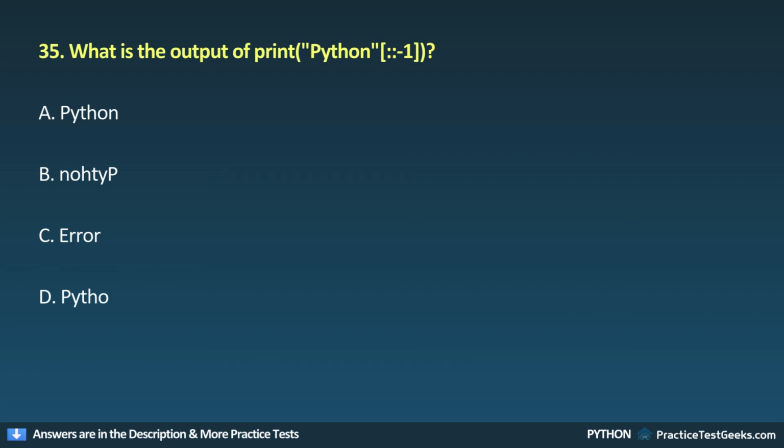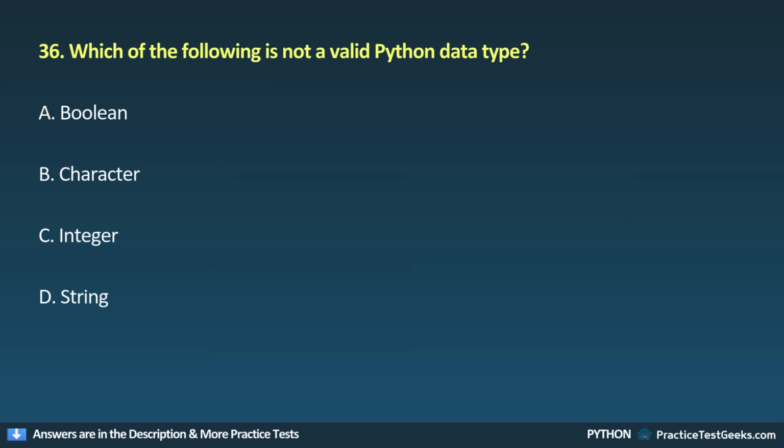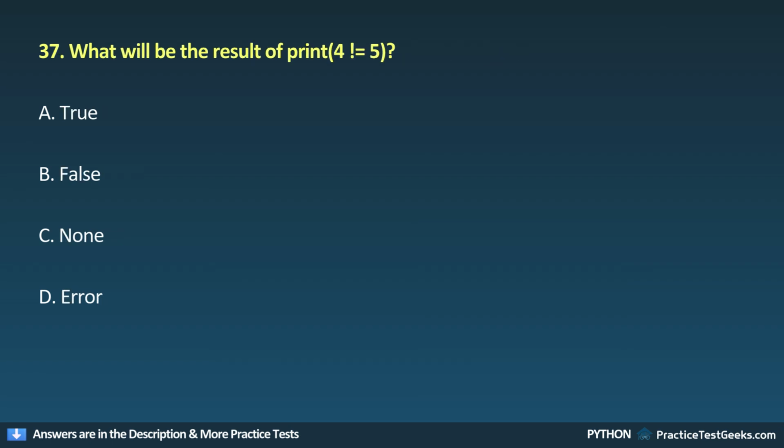C. Error. D. Pytho. 36. Which of the following is not a valid Python data type? A. Boolean. B. Character. C. Integer. D. String. 37. What will be the result of print(4 != 5)?